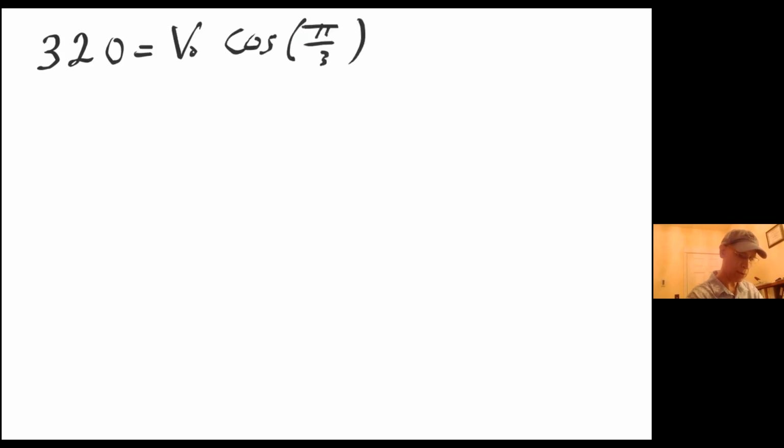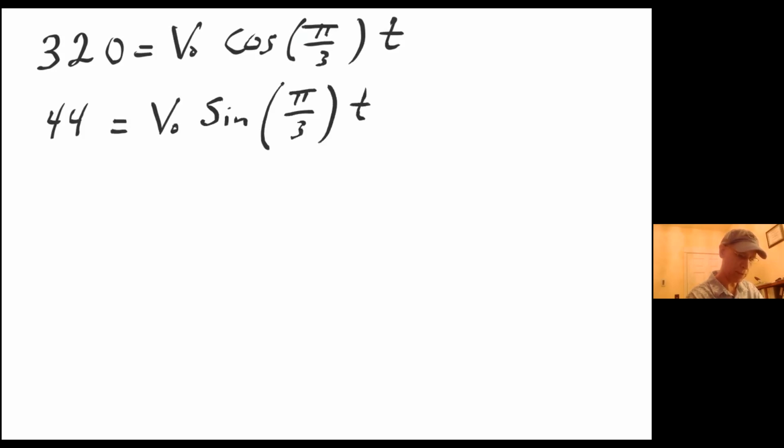So I will have 320 equals v naught cosine of pi over 3 times t, and 44 equals v naught sine of pi over 3 times t minus 16 t squared plus 5. Now notice that I have two equations, two unknowns. The t is unknown and the v naught is unknown.